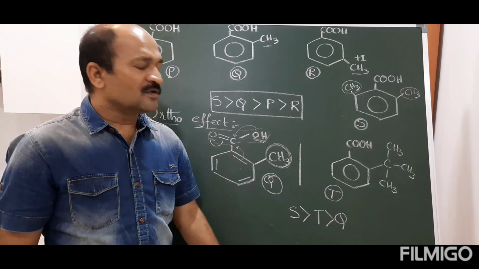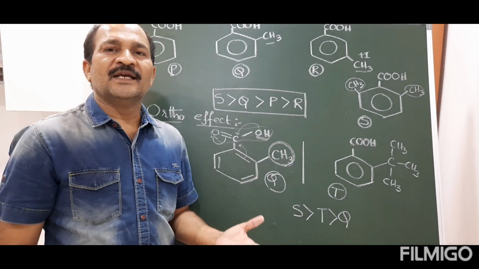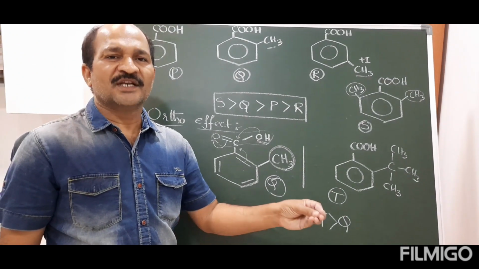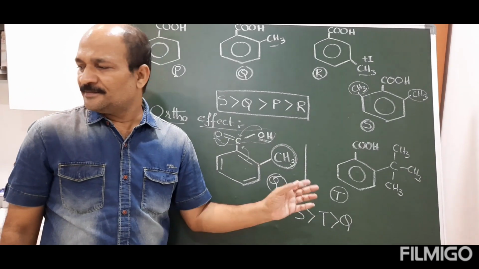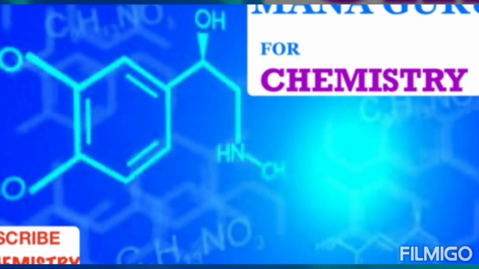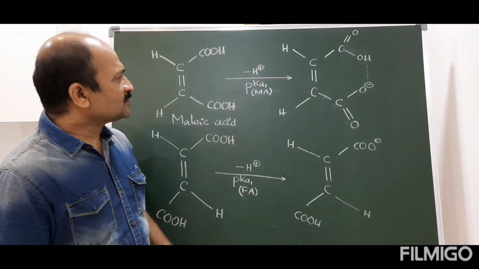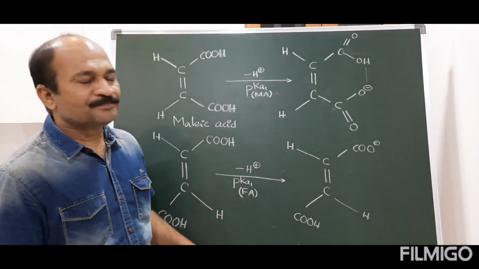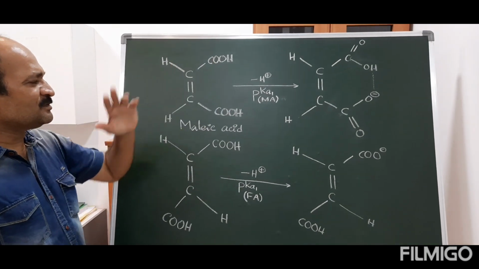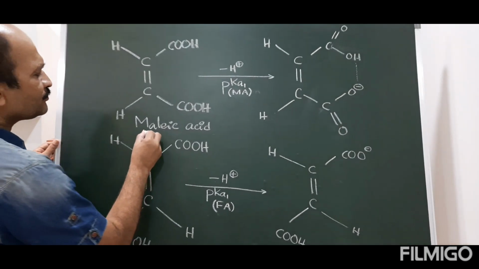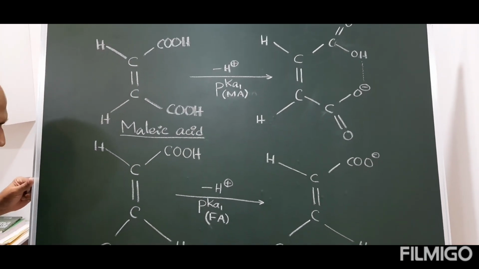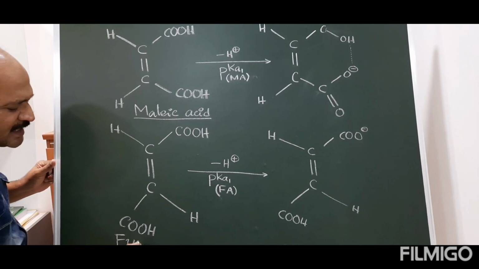In the next step, we are going to explain the acidic strength of carboxylic acids due to geometrical isomers. Let's see. Students, now I am taking the same compound, but it has the ability to exhibit geometrical isomers. One is called maleic acid, another one is called fumaric acid.